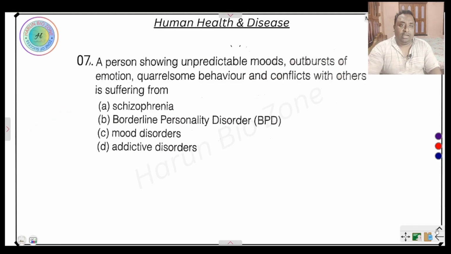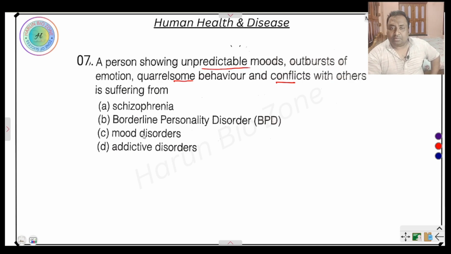Next question, a person showing unpredictable moods, an outburst of emotion, quarrelsome behavior and conflicts with others is suffering from schizophrenia, borderline personality disorder, mood disorder, or addictive disorder.